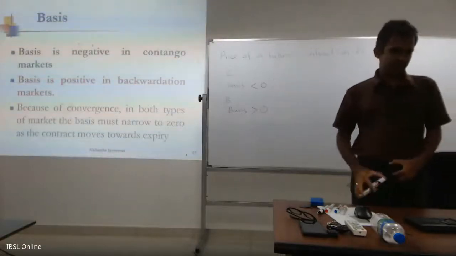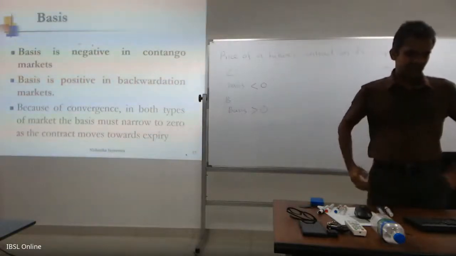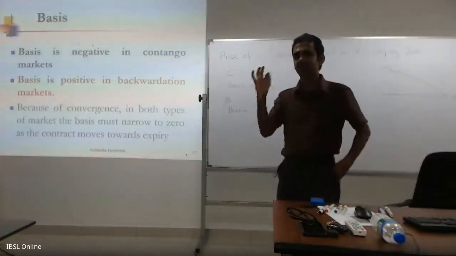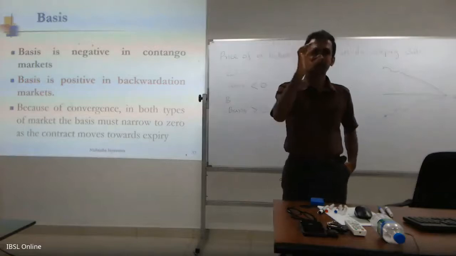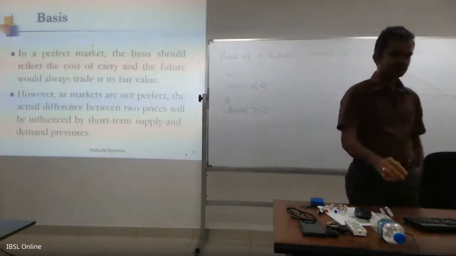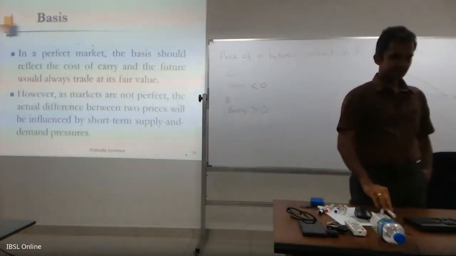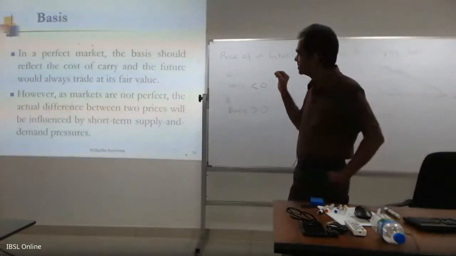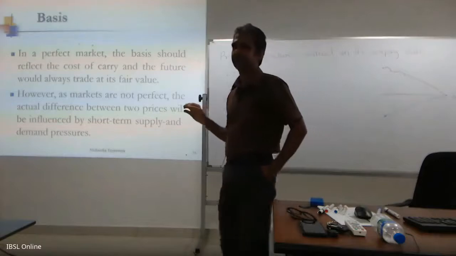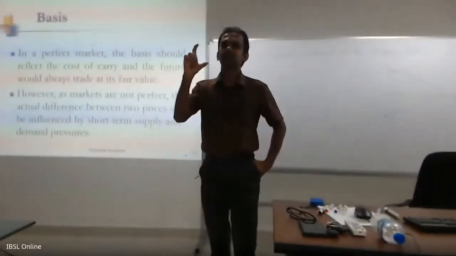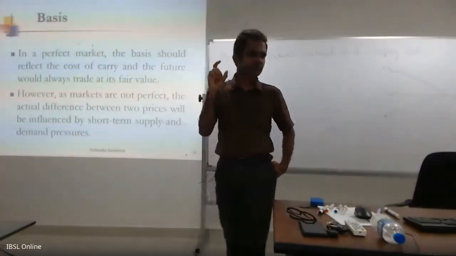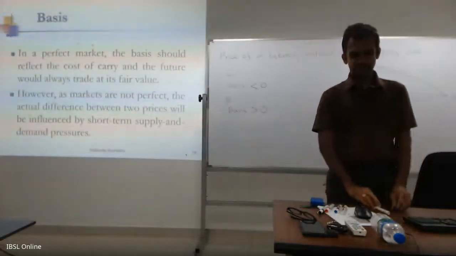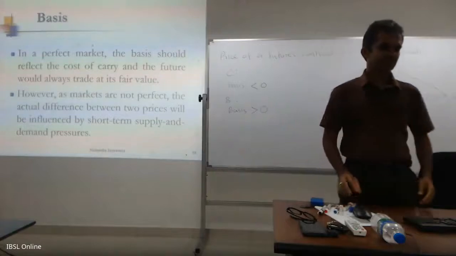First two things: whether it's a backwardation or contango market, with time the basis gets closer to zero, convergence happening. Then in a perfect market, the basis should reflect the cost of carry. The difference is the cost of carry. But the market may not be perfect, so there may be differences.